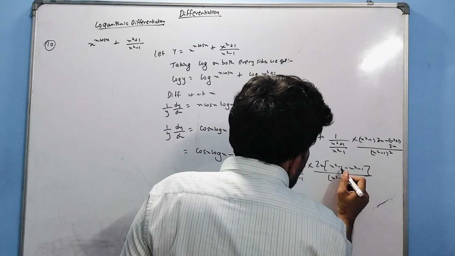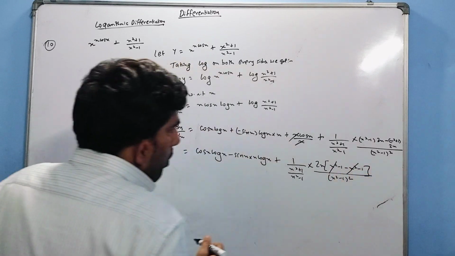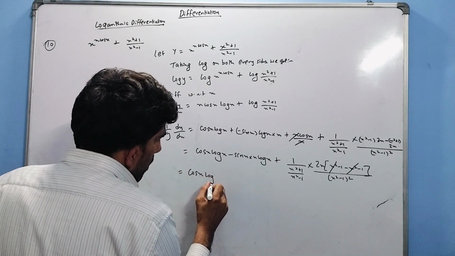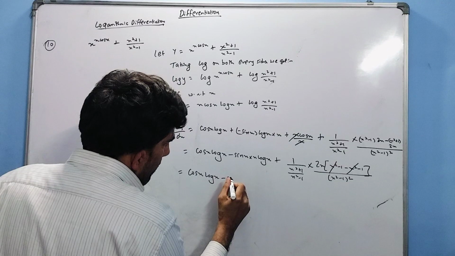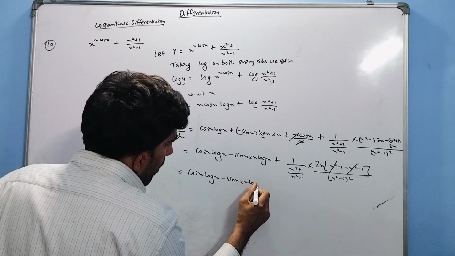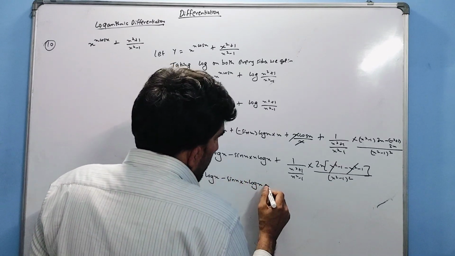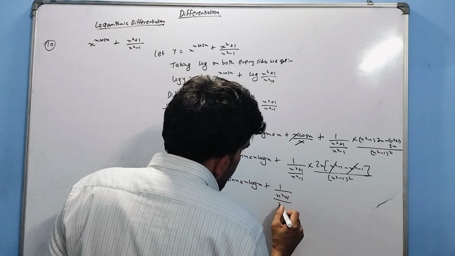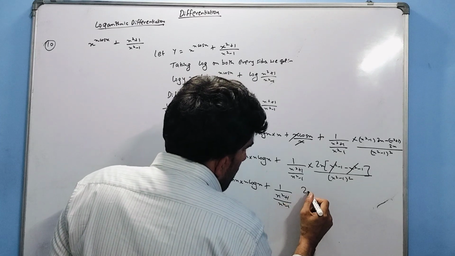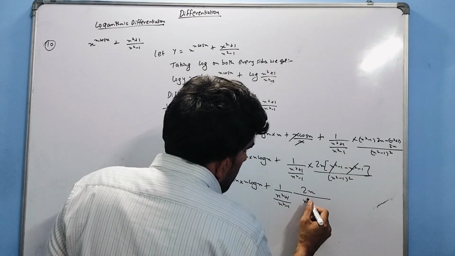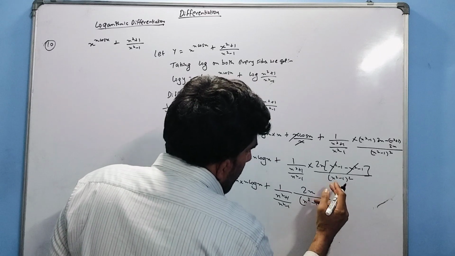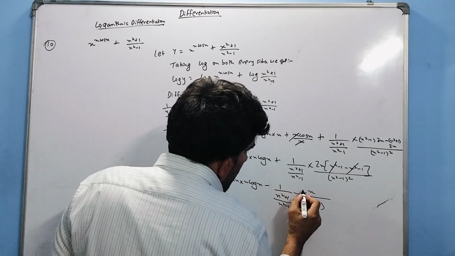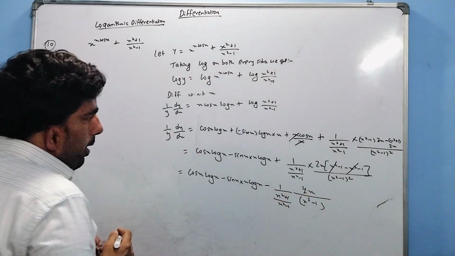So what we get here is cos x log x minus sin x into x log x, plus 2x upon x square minus 1, and here we have minus 2 also, so it will be minus 4. Okay, so I got this.